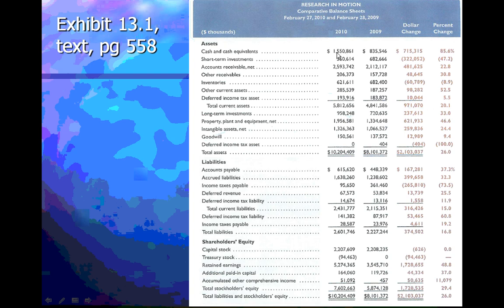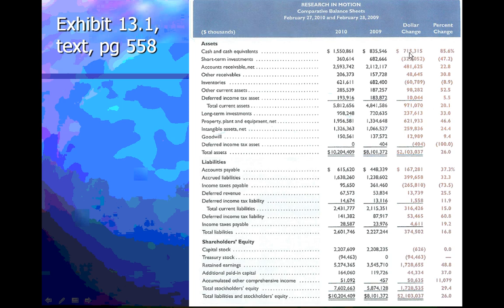Okay. Look at their cash balance. It went from 835,000, actually, and these are in thousands, that's 835 million, to 1.55 billion from 2009 to 2010. That's pretty good. So notice the difference here. They took 1551, I'm rounding here, minus 835, and they got 715,000, or in thousands, it's really millions. But anyway, that's the dollar difference that we talked about.